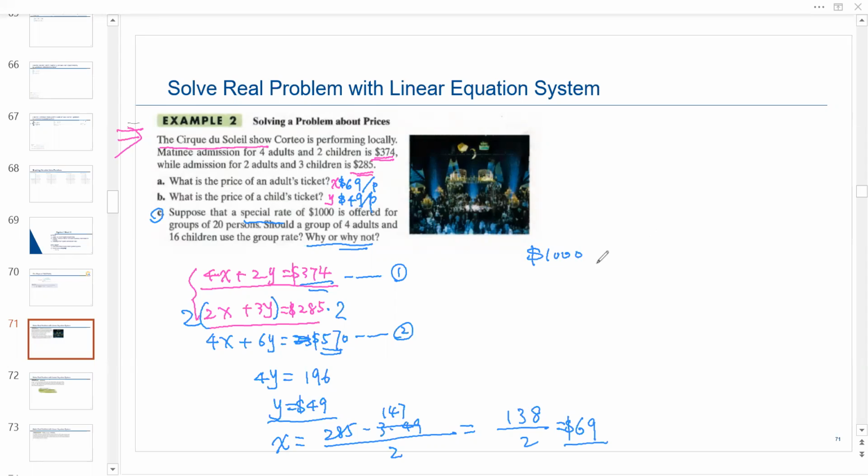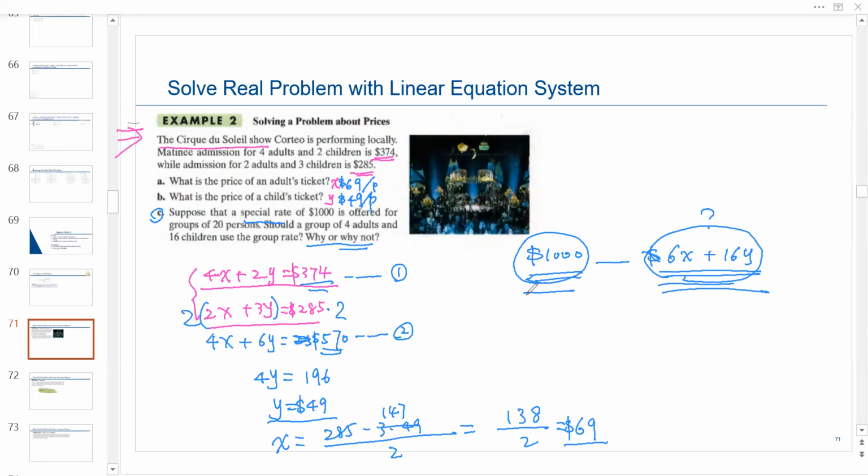The other group is 6 adults, so it means 6x, and 16 kids, so 16y. So we need to find out which one is better, which is cheaper, right? If you use the group rate, or if you buy actual tickets, you pay this much.